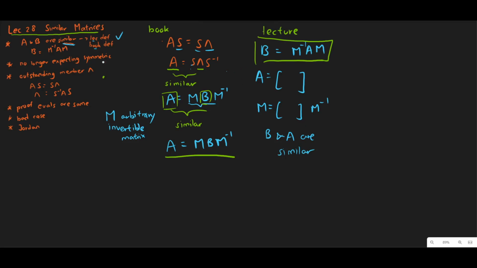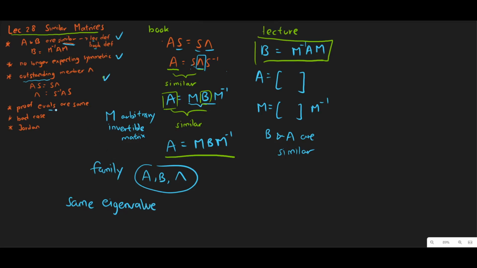My third point, which also relates to this equation, is that lambda is the outstanding member of this family. If I write it like this, then A, B, and lambda are similar. They belong to a family because they have the same eigenvalues, which I'm going to prove next.